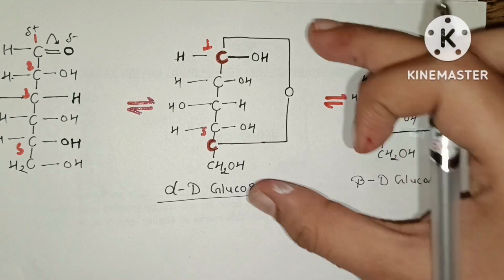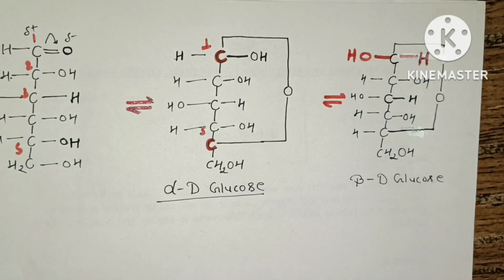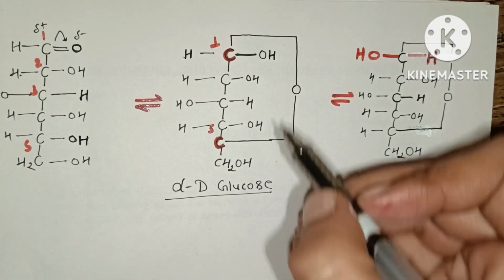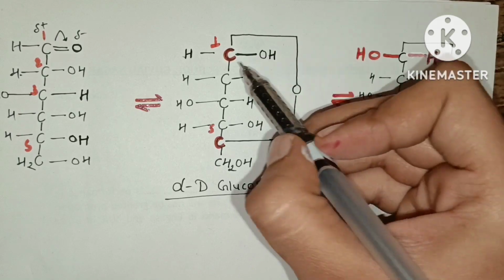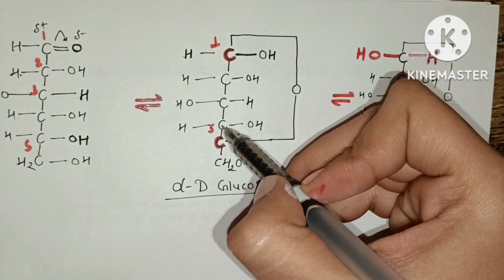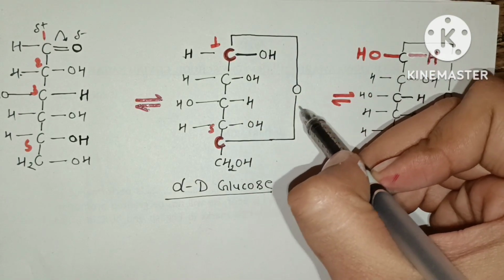Okay, with this structure we can form the Haworth projection, which is a ring structure, also called the pyranose ring. All right, see how it happens. This is a closed ring. I am counting the number of carbons: 1, 2, 3, 4, 5 carbon, and this ring contains 1 oxygen also.